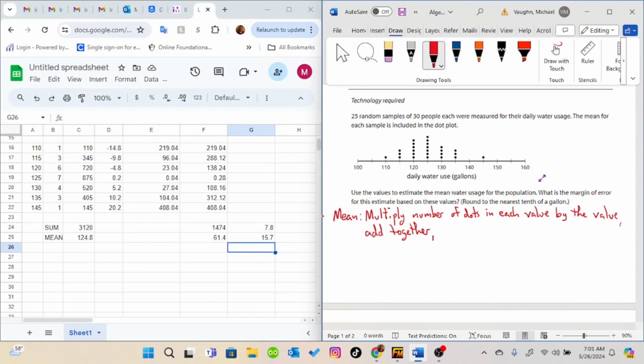Then I divided by the number of values. In this case, there were 25 of them. So I took each value, I multiplied it by how many dots there were, and I got the total value, added them all together, and divided by 25. And this gave me my mean of 124.8 gallons.